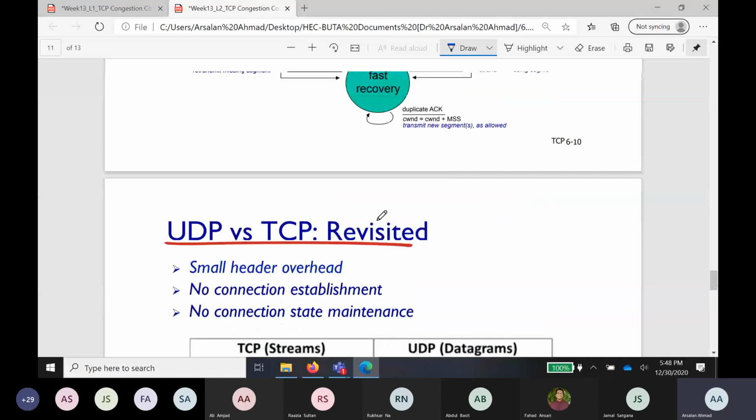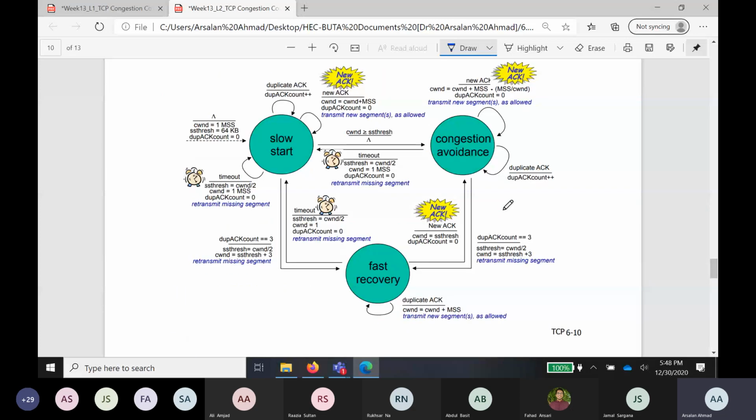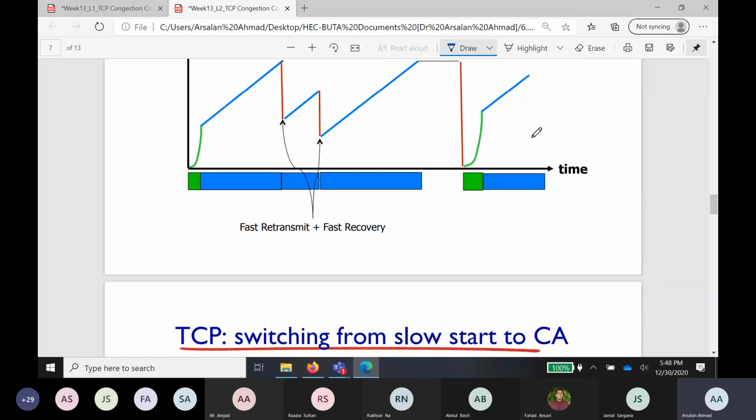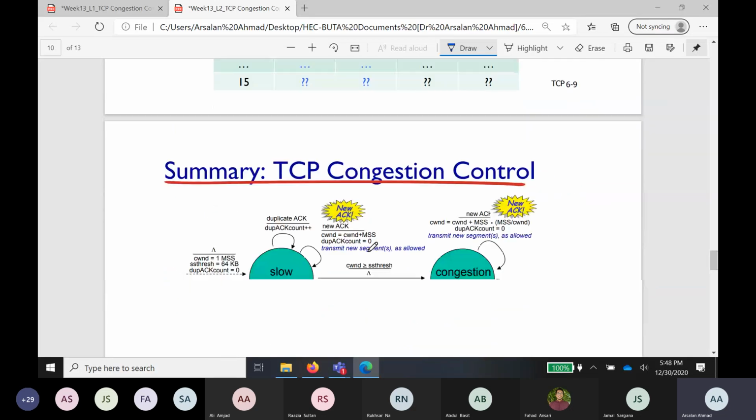Just a last announcement: we will finish the chapter on Tuesday, but the slides will be uploaded, and there will be a quiz on TCP congestion control on Wednesday, just from the lectures we covered, starting from bandwidth allocation and congestion control. So just 2-3 lectures. On Tuesday, in the first 15 minutes, we will discuss TCP New Reno and its finite state machine diagram, which is shown here.